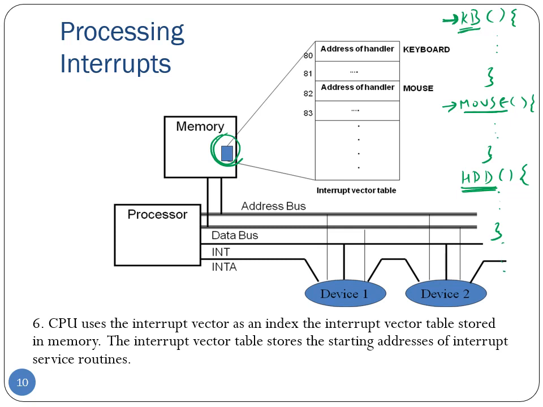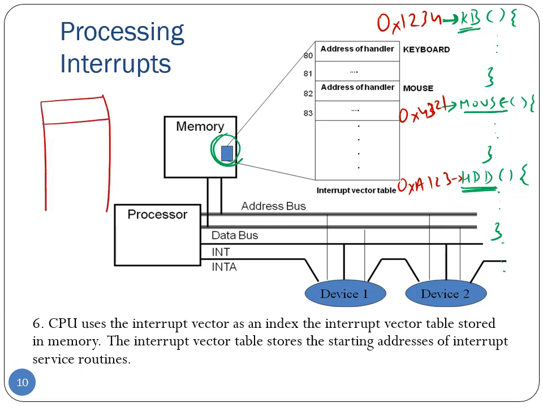Let's assume this keyboard handler starts at address hexadecimal, let's say 1234. This mouse interrupt handler starts at, let's say, address 4321. Let's say this hard disk handler starts at address A123, and so forth. So in this interrupt vector table, let's say this is the entry for keyboard.